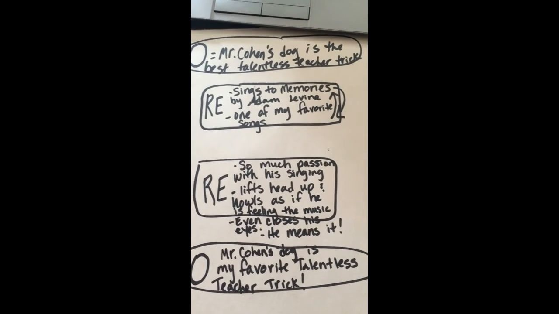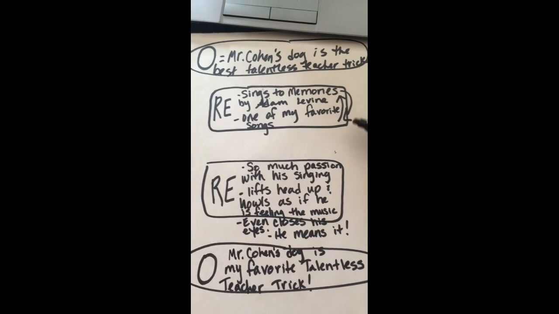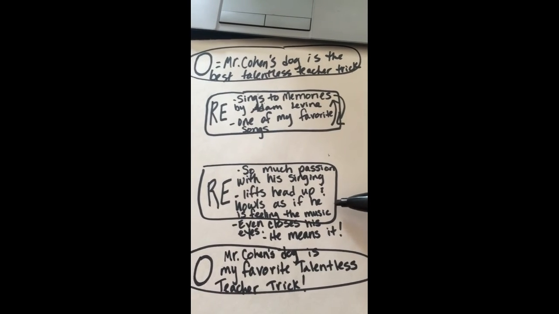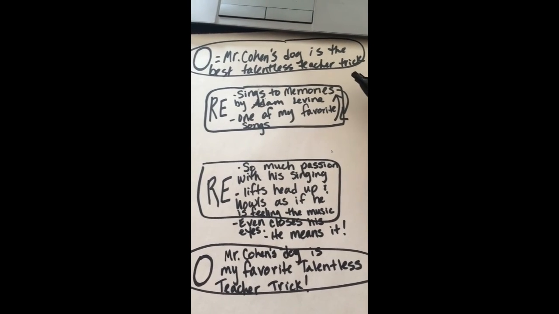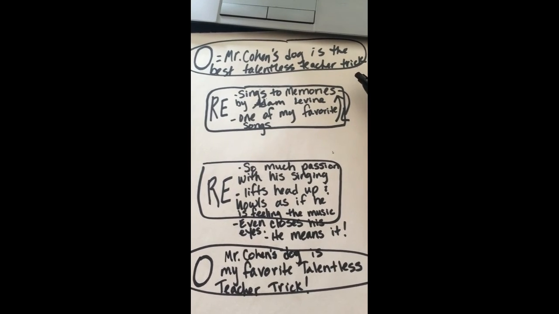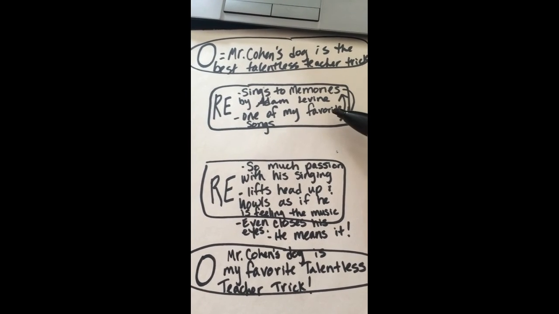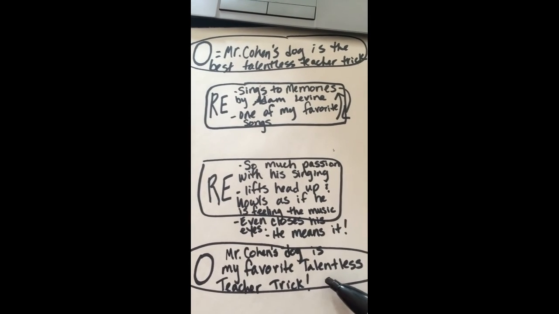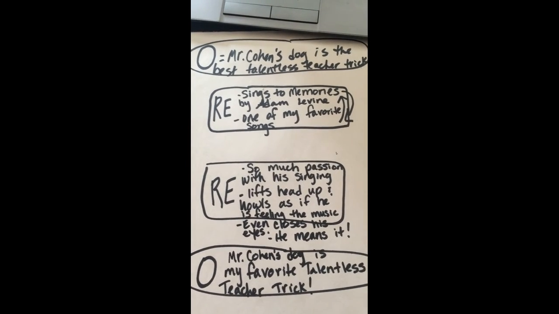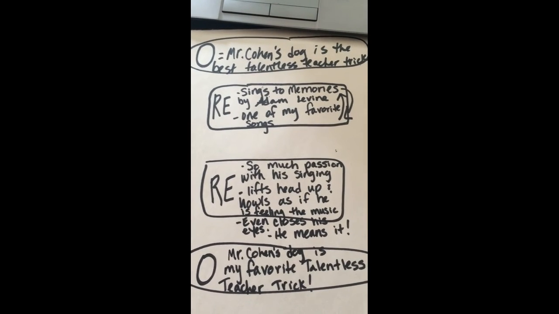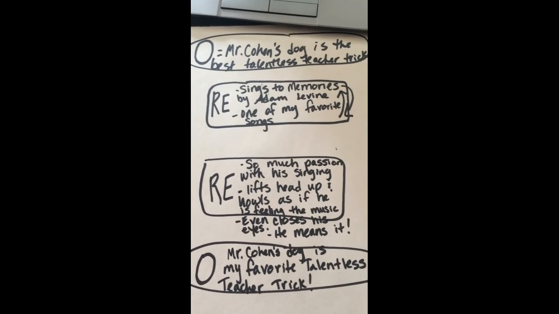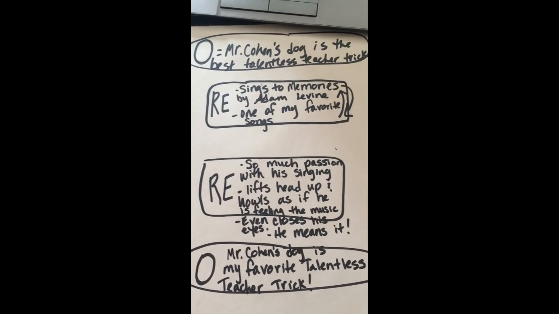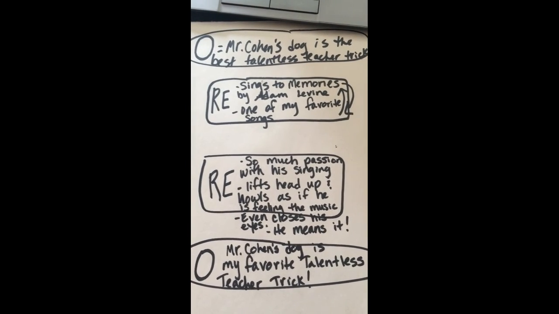So before that time comes, I want you to draw out your little graphic organizer, just like I did, the 2 ovals with the 2 rectangles, and tell us what your favorite talentless teacher trick is, why, a reason with some evidence, and another reason why it's your favorite with some evidence, and then do the last part of the Oreo cookie, and that will restate your opinion in a little bit different wording. All right, so get that done in the time that your teacher says so we can turn it into an essay.